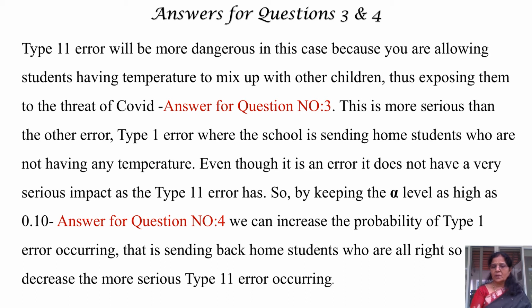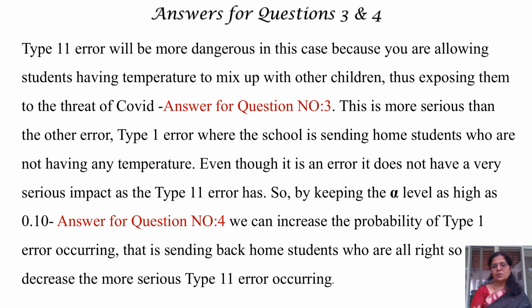That is, you are going to send more students back home when they are all right, when they do not have a temperature. Doesn't matter, this is not going to affect very much. But the type 2 error will be decreased. If you increase the alpha level, the chances of type 1 error will go high.